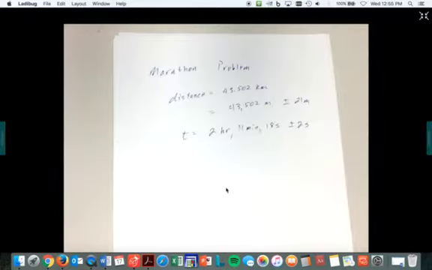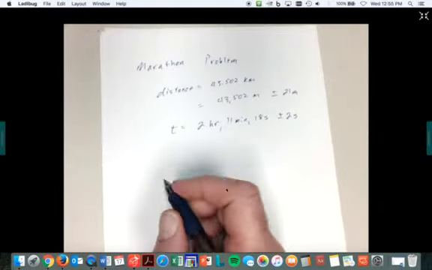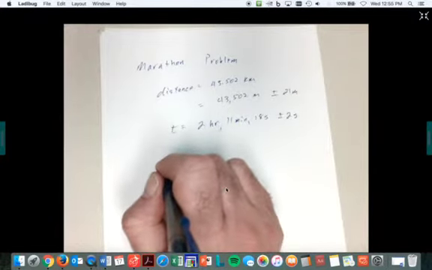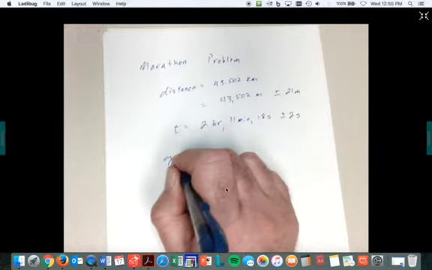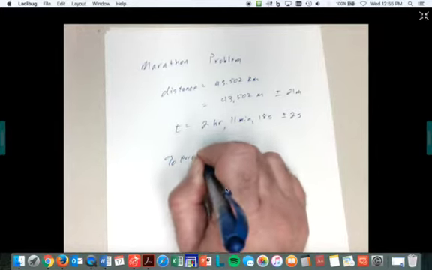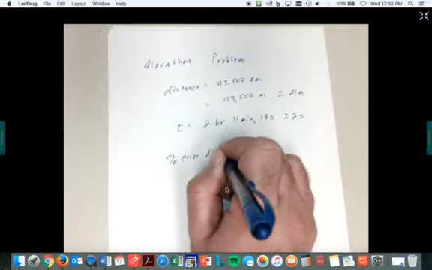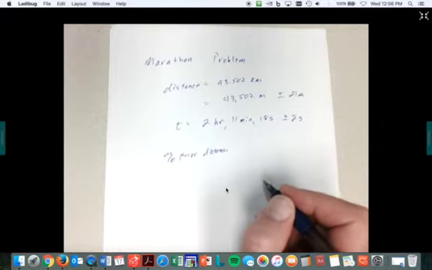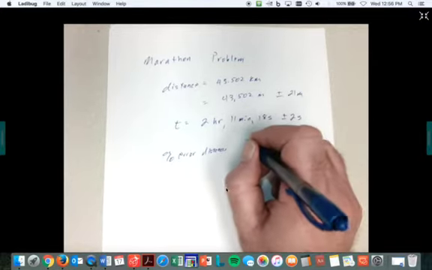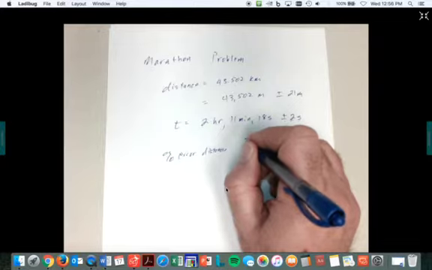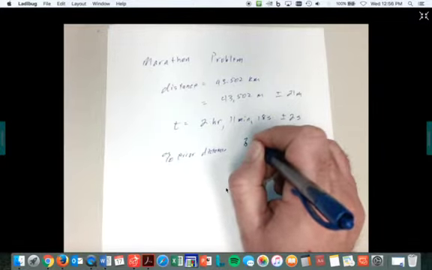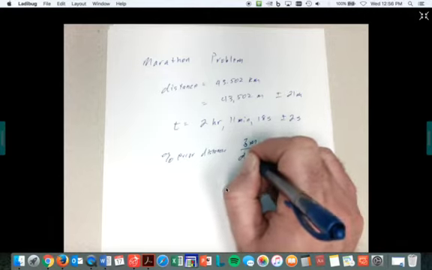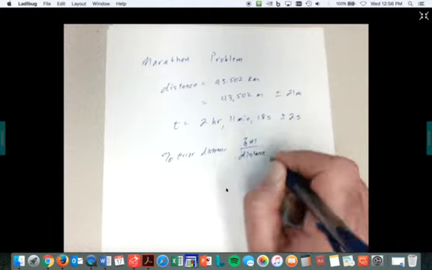So here we go. They want to know the percent error in the meters, in the distance. Anytime you find the error, you take the delta in meters divided by the total distance. That's how that works.